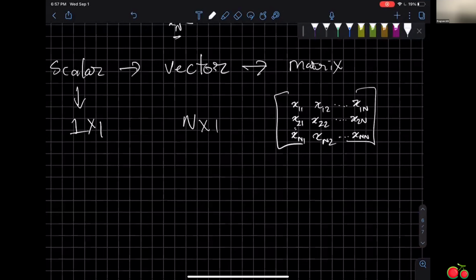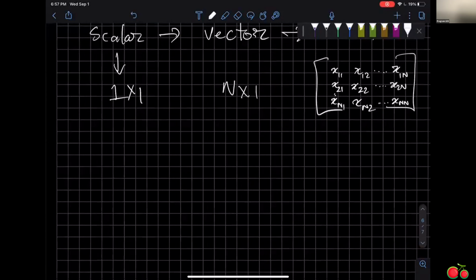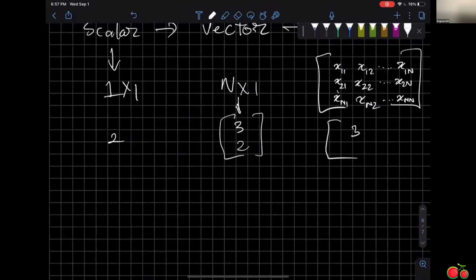This is an example of a matrix. Think of it like this: a scalar is the number 2, a vector is something like 3, 2, and a matrix is something like 3, 2, 3, 2.